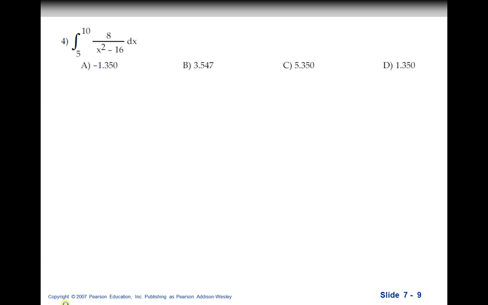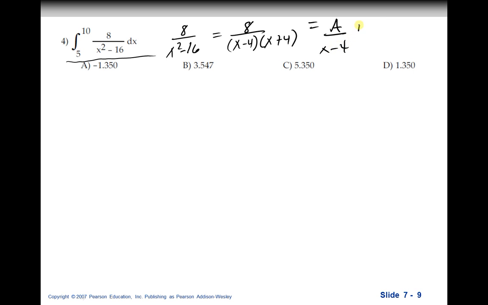And finally, the last problem we're going to look at is a definite integral. We need to be able to write 8 over (x squared minus 16) as 8 over (x - 4)(x + 4) equals A over (x - 4) plus B over (x + 4).